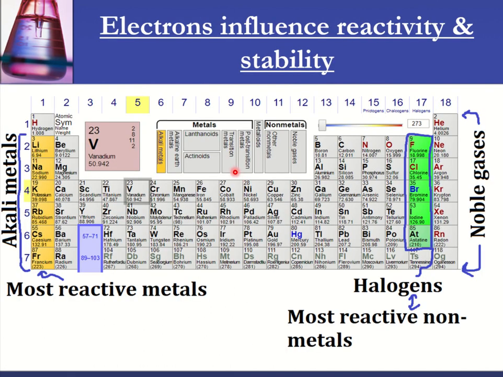Okay, so how do we work out how reactive something is? There are 2 groups on the periodic table. Group 1, anything in group 1 is incredibly reactive. So in terms of metals, group 1 has the most reactive metals. In group 17, or group 7, sometimes they call it, we have what we call the halogens.